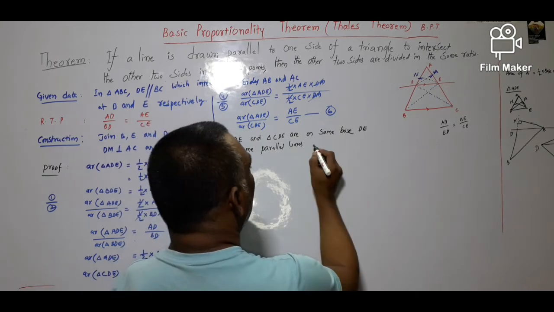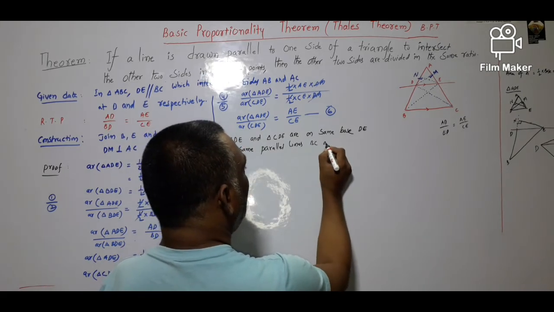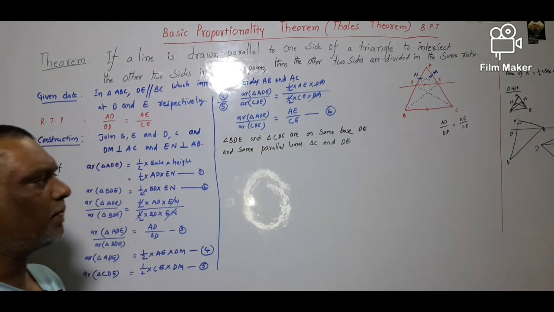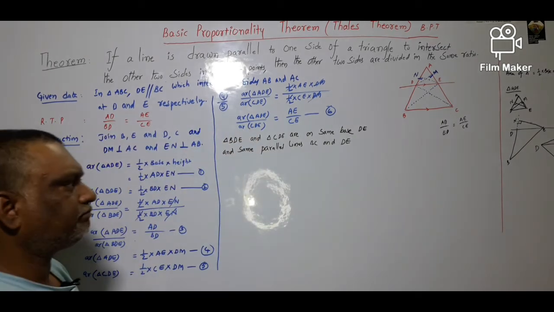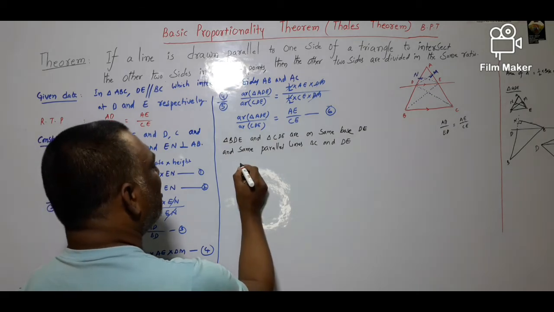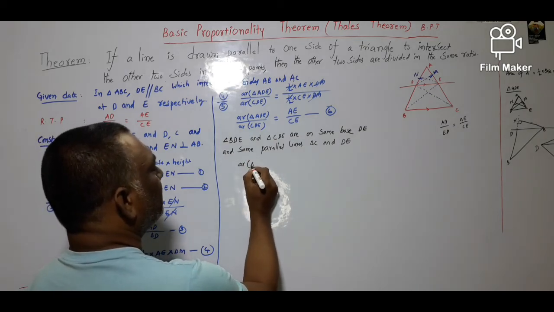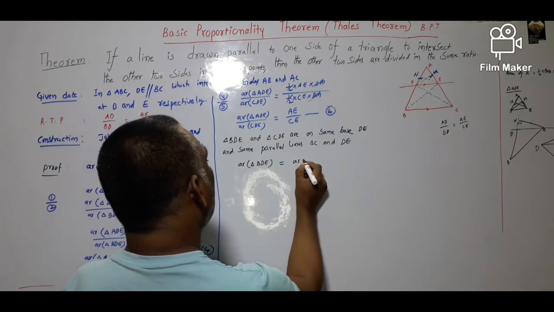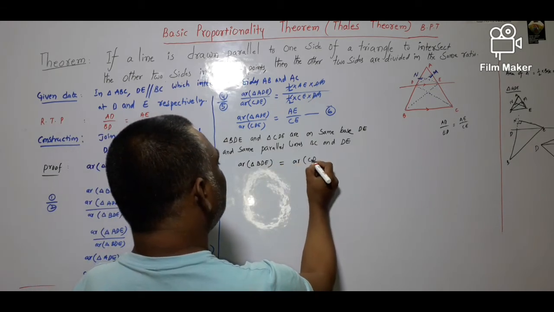The same parallel lines are BC and DE. So the area of triangle BDE is equal to the area of triangle CDE.